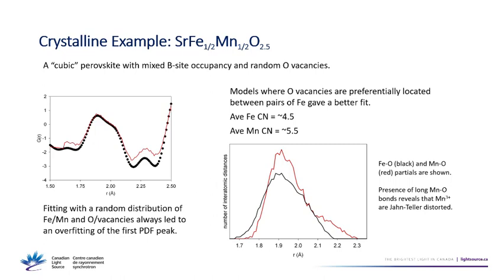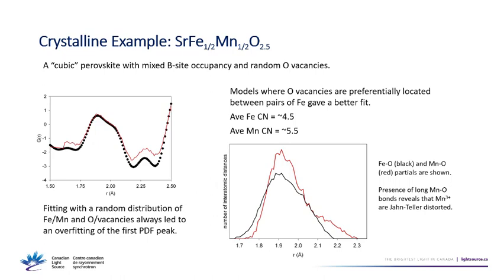In this compound you have an average higher manganese coordination number than iron, so the oxygen vacancies tend to occur between the iron atoms more than between iron and manganese or manganese and manganese. That makes a difference to the fit. So I was able to figure out approximately the different coordination numbers for the iron and the manganese, and then the distribution of the distances for iron and manganese to oxygen, actually separating them out even though they're on the same crystallographic site.